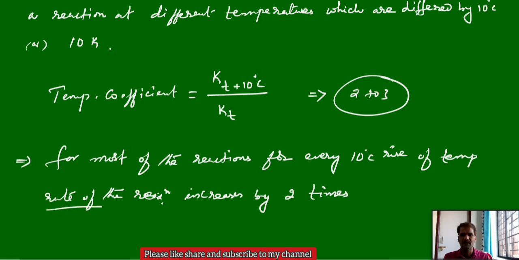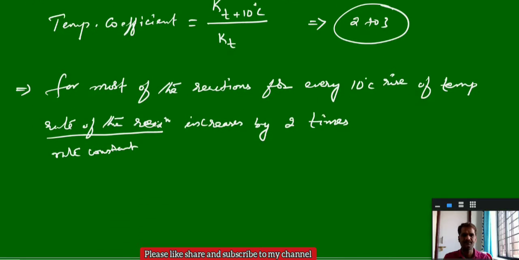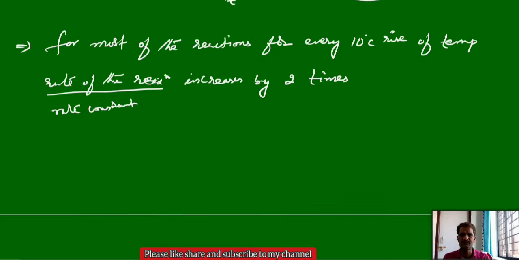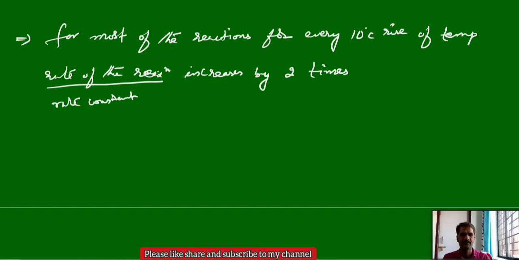You can take the rate of the reaction or rate constant, anyone, because rate constant is directly proportional to rate of the reaction in a first order reaction's case. So increases by 2 times. But in general 2 to 3. You can take any one. That is the temperature coefficient.